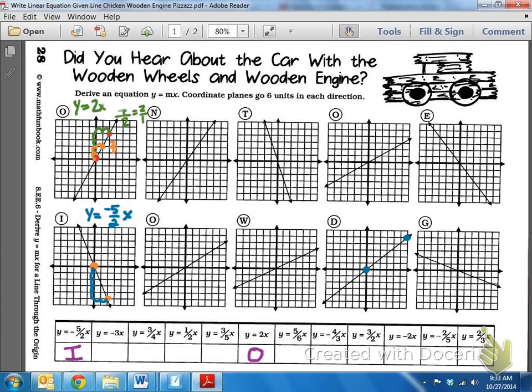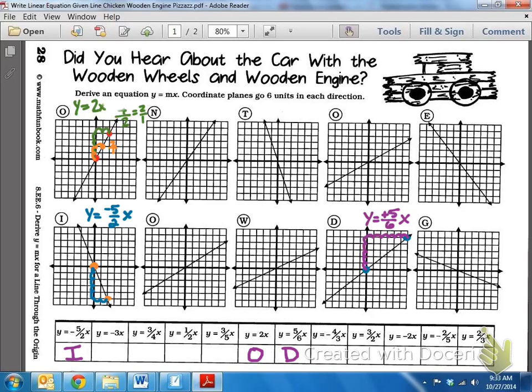So find the slope between the 2 points. We find out how far it goes up. It goes up 1, 2, 3, 4, 5, and it goes to the right 1, 2, 3, 4, 5, 6. So it looks like my slope is 5 over 6. To make my equation, y equals 5 over 6x. And again, we don't need to put the plus 0 because my y-intercept is at 0. And I'll put the letter D right here.